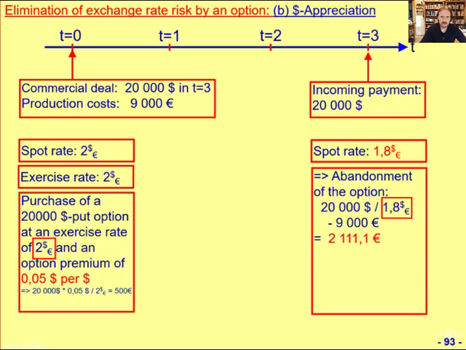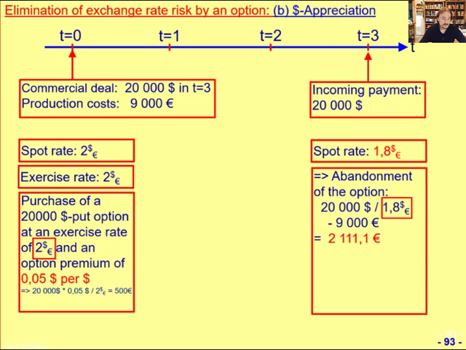At an exchange rate of $1.8 per euro, the $20,000 exchange to €11,111, such that our gross profit would then equal €2,111.